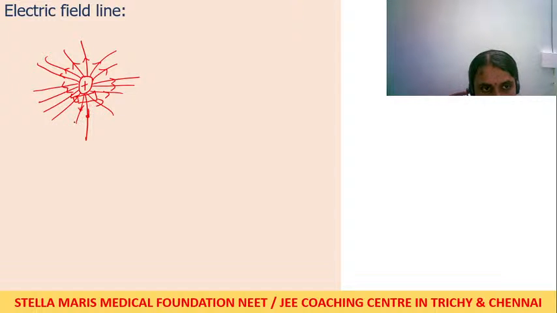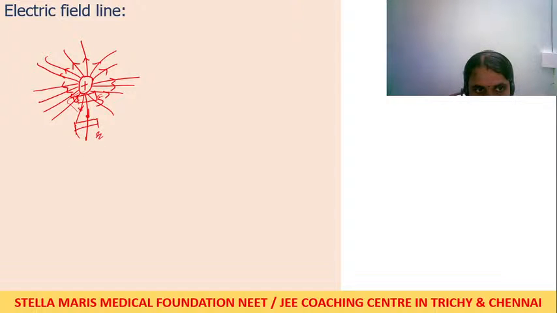Consider one box here, and the same size box here, so we consider a certain area here and the same area here. What can you see? The electric field lines are large here, but small here.